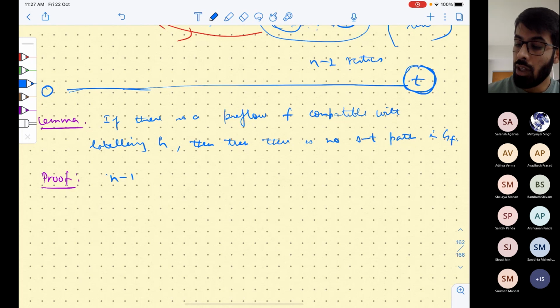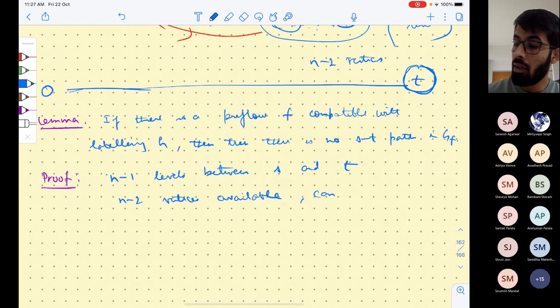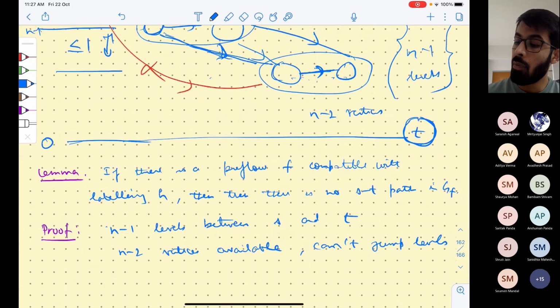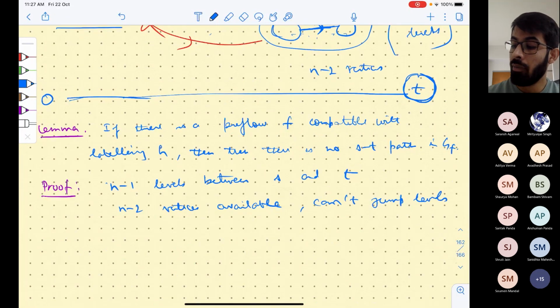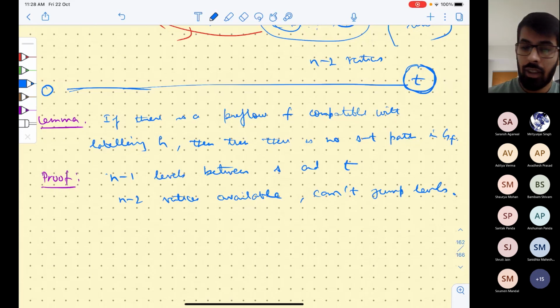So n minus 1 levels between S and T, n minus 2 vertices available. Can't jump levels. Why can't you jump levels? Because F and H are compatible, and if they are compatible, that means any edge can move you down by just one level. Is that clear? Any question about that?